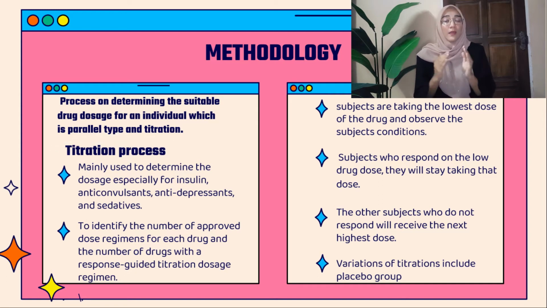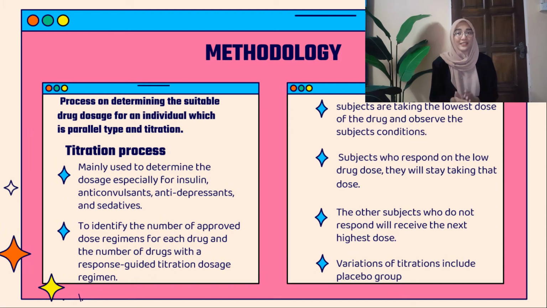The titration process is mainly used to determine the dosage, especially for insulin, anticonvulsants, antidepressants, and sedatives. The developers of these methods used many kinds of drugs from 2013 until 2017. This is to identify the number of approved dose regimens for each drug and the number of drugs with response-guided titration dosage regimens.